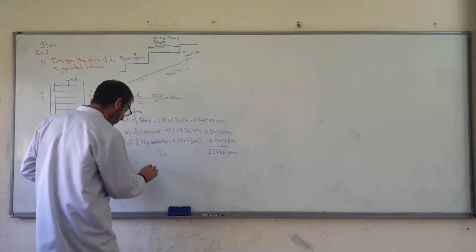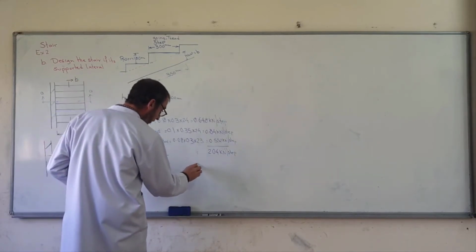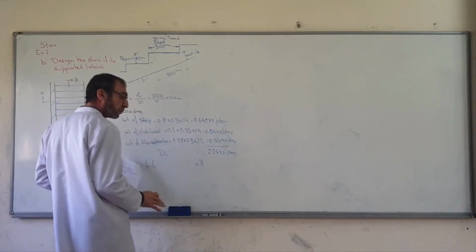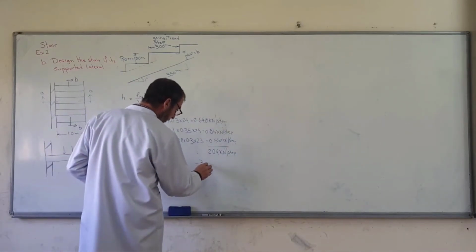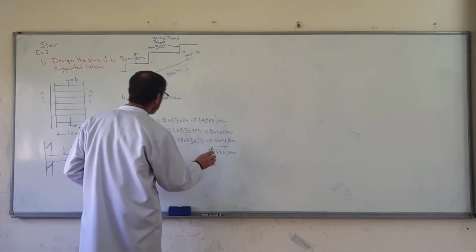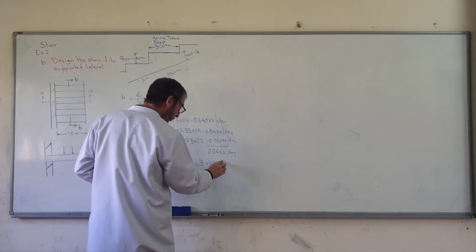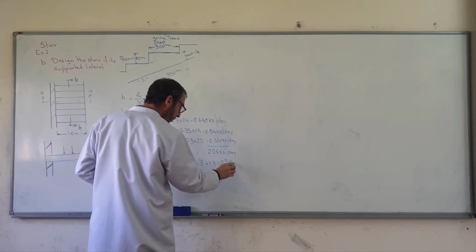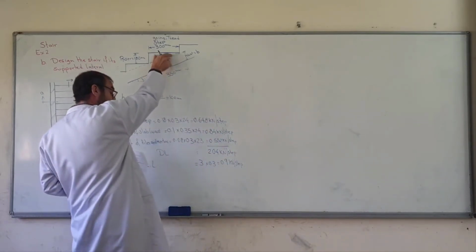Now we have live load also. The live load given in the problem is 3 kilo Newton per meter square times 0.3 applied on the steps, which gives 0.9 kilo Newton per step. Each step is subject to 0.9 kilo Newton.